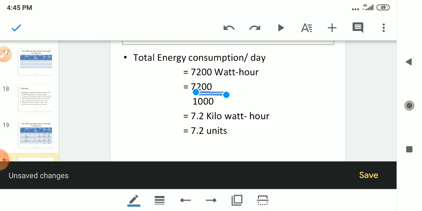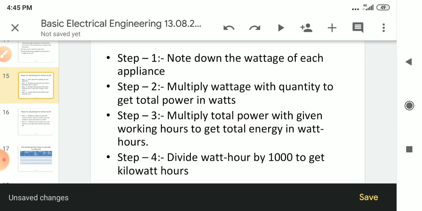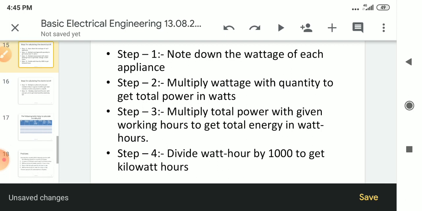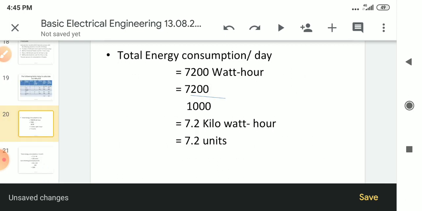Divide by 1000. Right? We are following these steps every time. Note down the wattage and multiply wattage with quantity. Multiply total power with given working hours. Divide watt hours by 1000. So we divide 7200 by 1000, which gives 7.2 units.